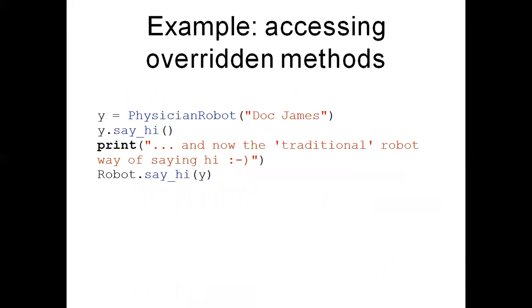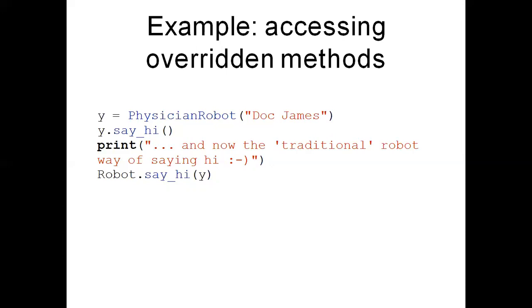So now let's see an example here. y is equal to PhysicianRobot, and y.say_hi is my method. Now I wish to call the original as well, so what I will do is print the traditional robot way of saying hi.